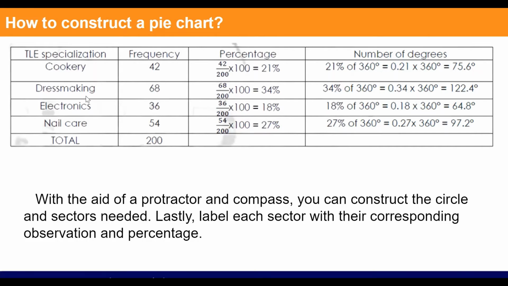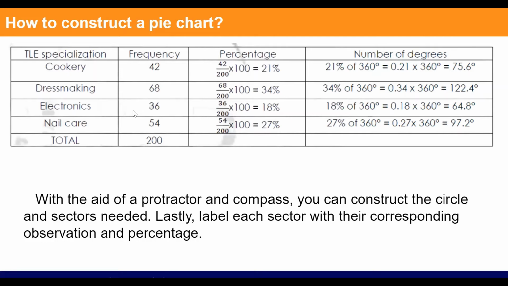Next, for dressmaking, the same way: 68 divided by 200, then multiply by 100, so we have 34%. Again, multiply 0.34 times 360 degrees. Our answer is 122.4 degrees.